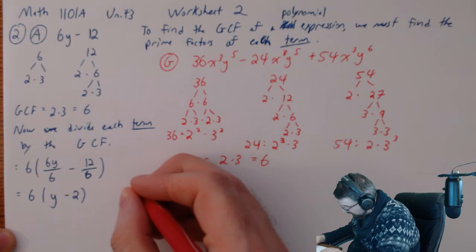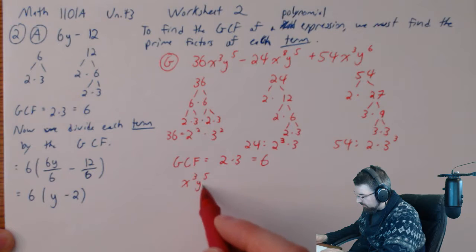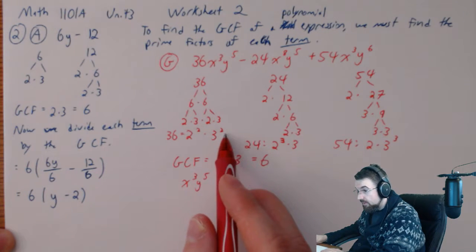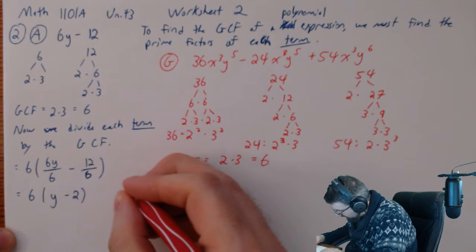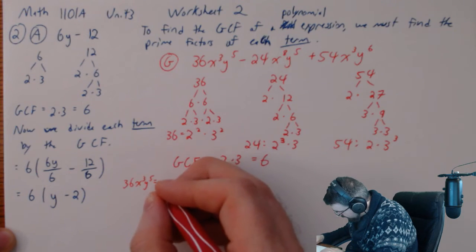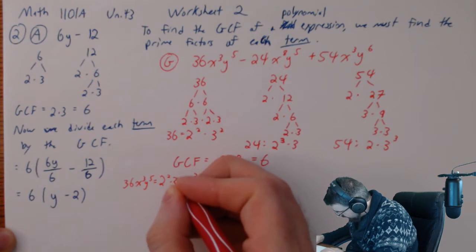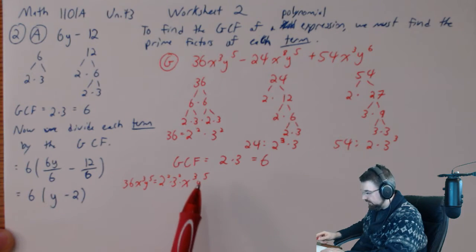So what I could have said is 2 squared times 3 squared times x cubed times y to the 5 for this first one. So I could have said 36x cubed y to the 5 equals 2 squared times 3 squared times x cubed times y to the 5, like that. I could have said all this.